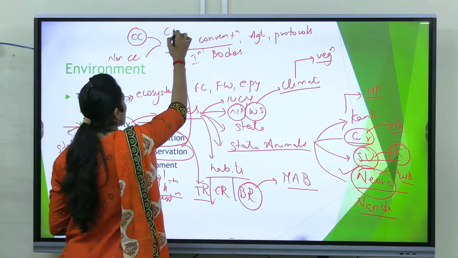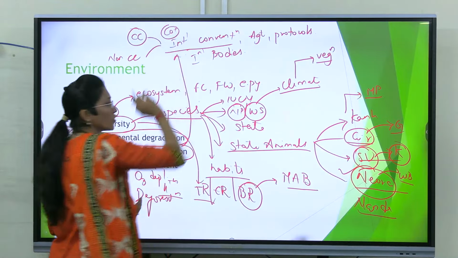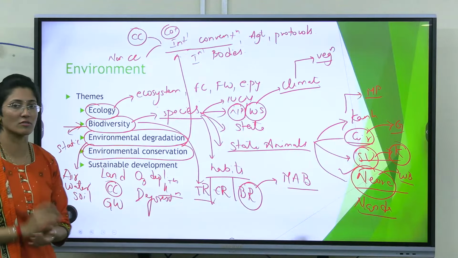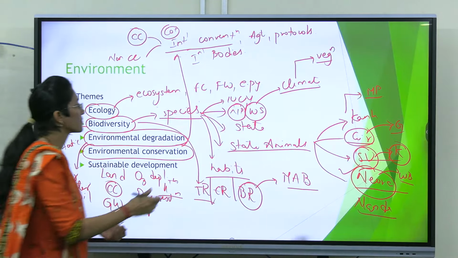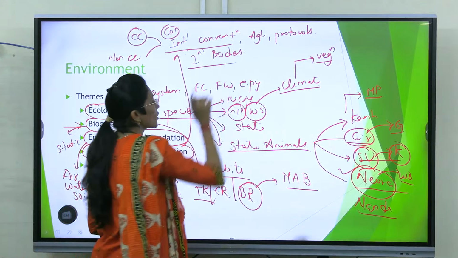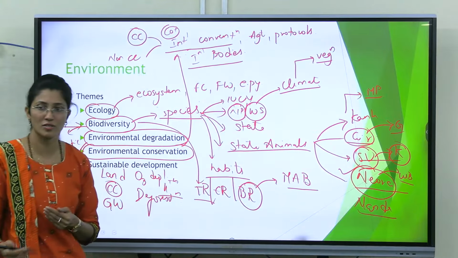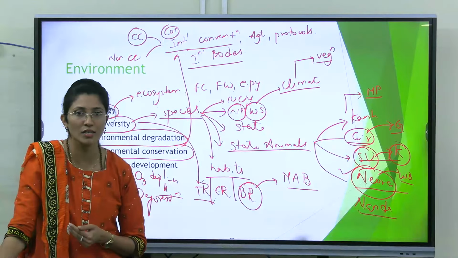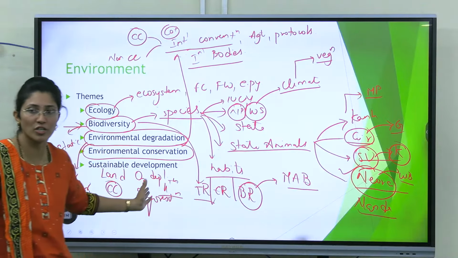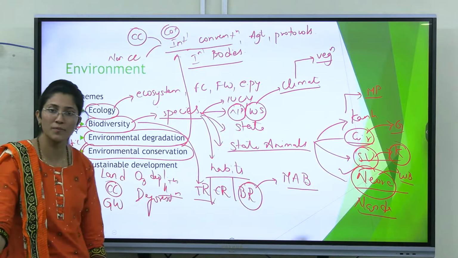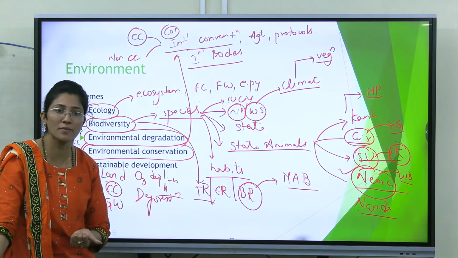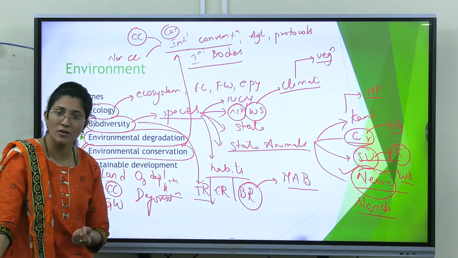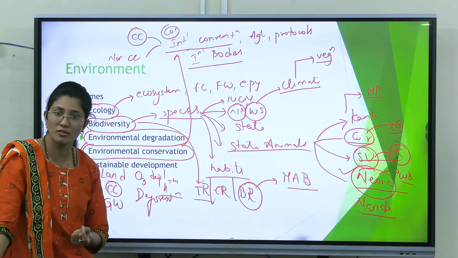We have COPs, Conference of Parties, for Climate Change and non-climate change also. Next, international bodies. What are the international bodies involved in environmental protection, like UNEP, United Nations Environment Program, IUCN, World Wildlife Fund for Nature.